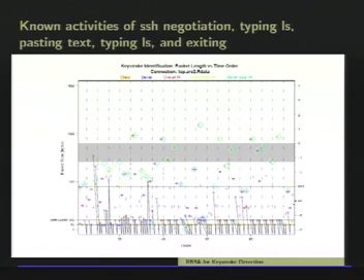Down here, this packet corresponds to pasting some text at the prompt. Finally, I type ls again, and you see that these packet sizes maintain that standard form. Then I type exit and close the connection. So that gives you an idea that our packet sizes are coming out as we expect. But what's more important is that immediately above each of these client data packets there's a yellow diamond.